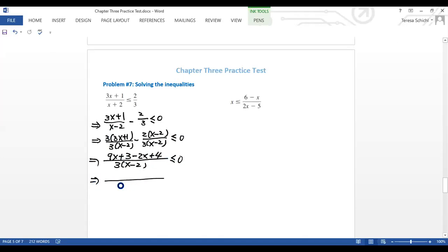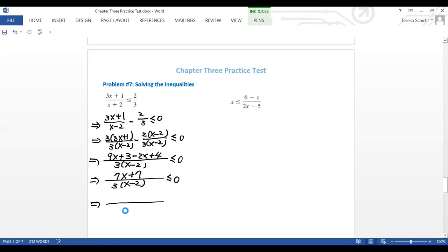Then how many x here? This is 7x. Then 3 plus 4, so I have 7, right? So this is less than or equal to 0.